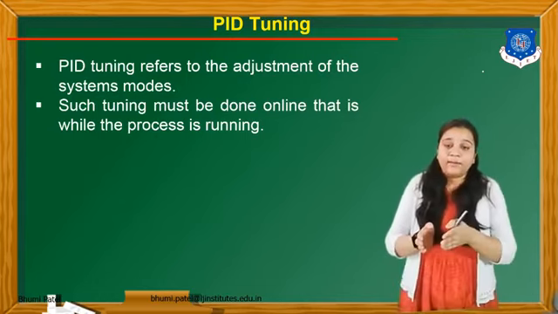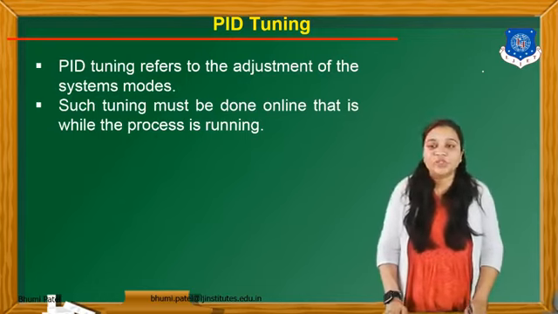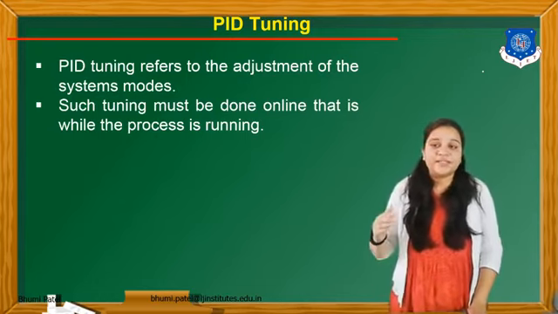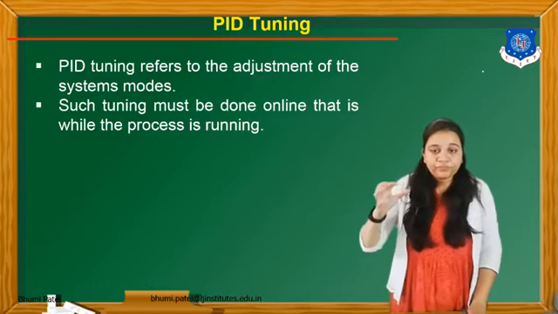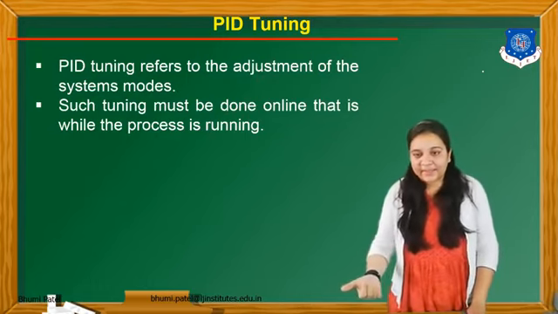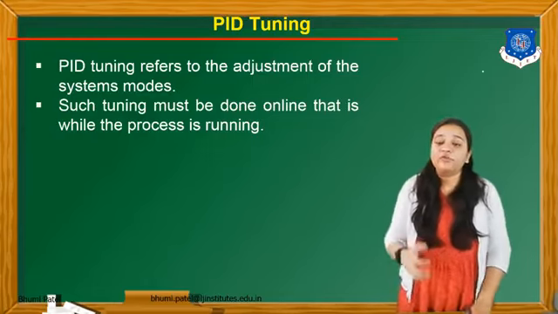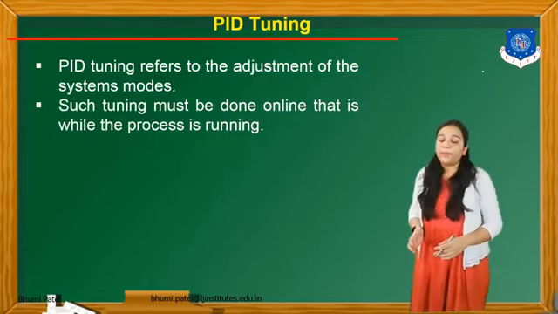Whenever we are done with the programming in the software, the process is that we have to load this program to the PLC hardware, and then check whether the output is proper or not.